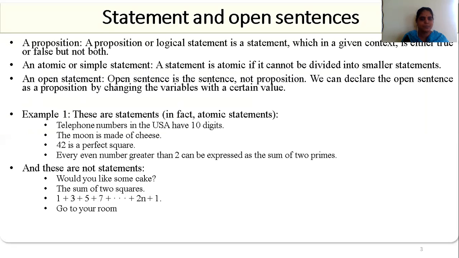Similarly, 42 is a perfect square, which is again false. And every even number greater than 2 can be expressed as a sum of two prime numbers. Such statements are called propositions because they result in either true or false. Questionable statements like these are not propositions.